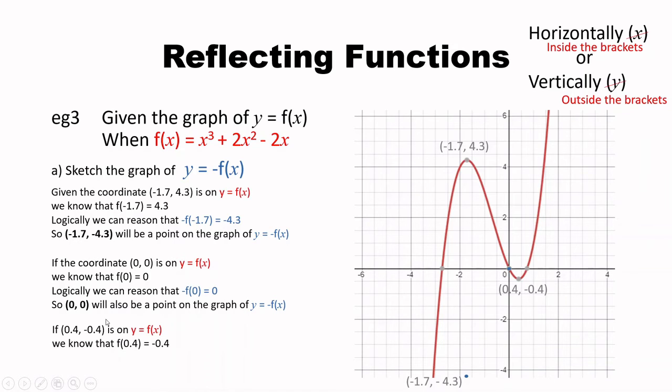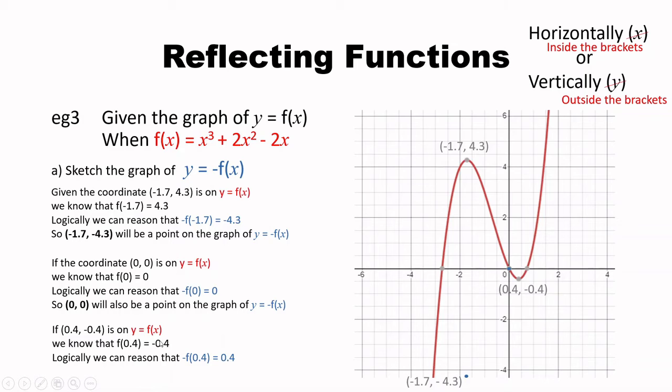Next, if I know that the point (0.4, -0.4) is on my graph y equals f of x, that's over here, then I know that when I put 0.4 into my function f, my output is -0.4. So similarly, if I put 0.4 into my function -f of x, I should get positive 0.4 as my output.